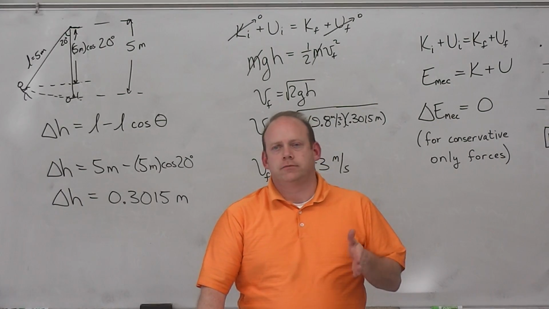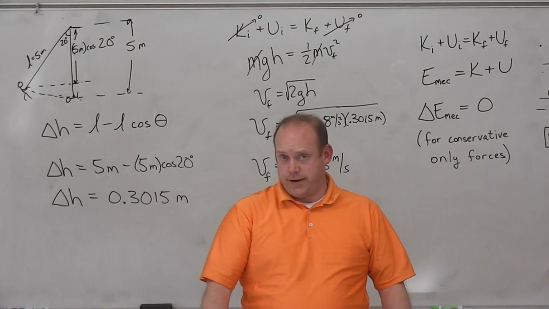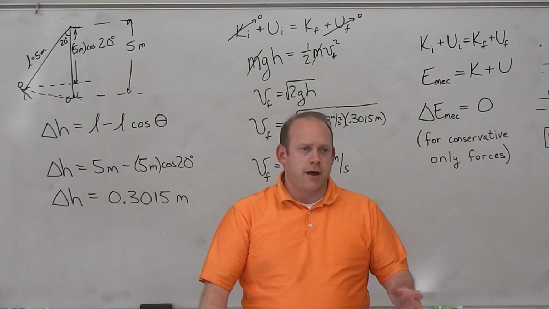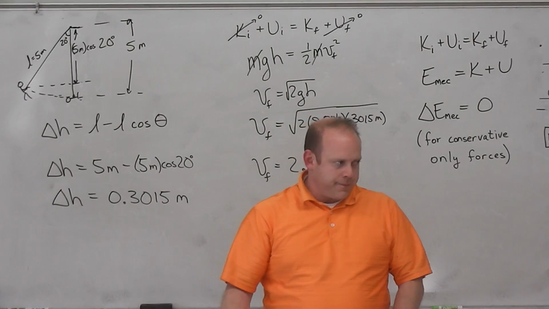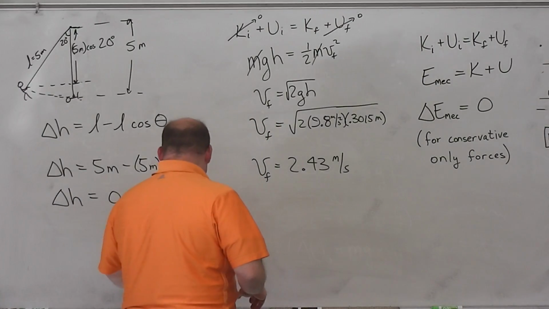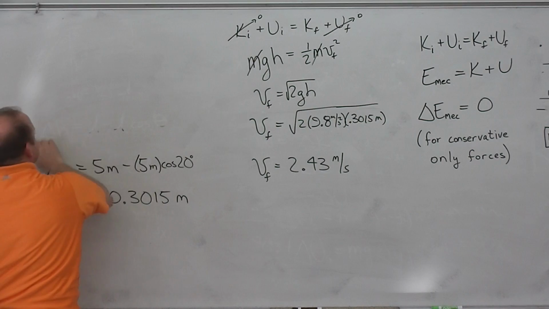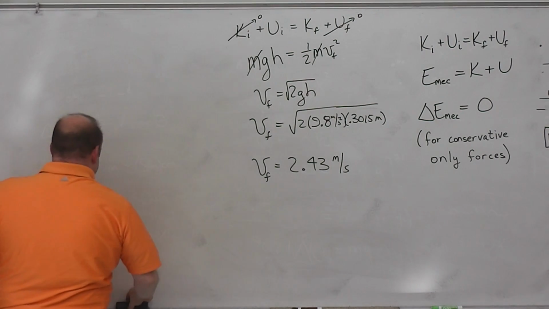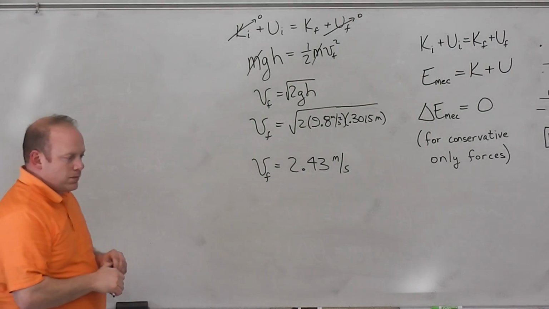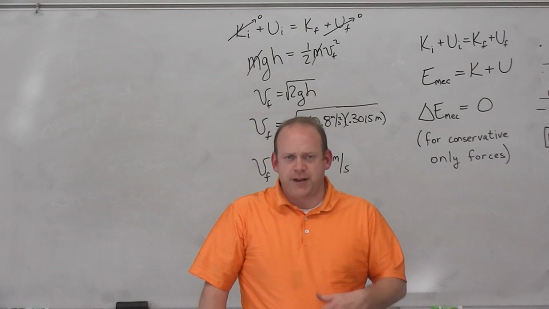If you account for the work that's done by conservative forces, be they gravity, be it springs, electric field, magnetic field, whatever, okay? You can account for potential energy within potential energy.